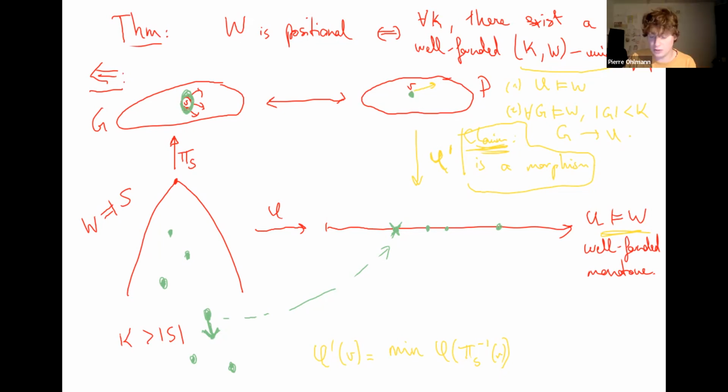No, I'm proving that phi is a morphism. This means I will prove that any edge that appears here actually appears here. This will use the monotonicity. Maybe you've overlooked that we have this assumption. We've not used it so far, and this is what we now use.